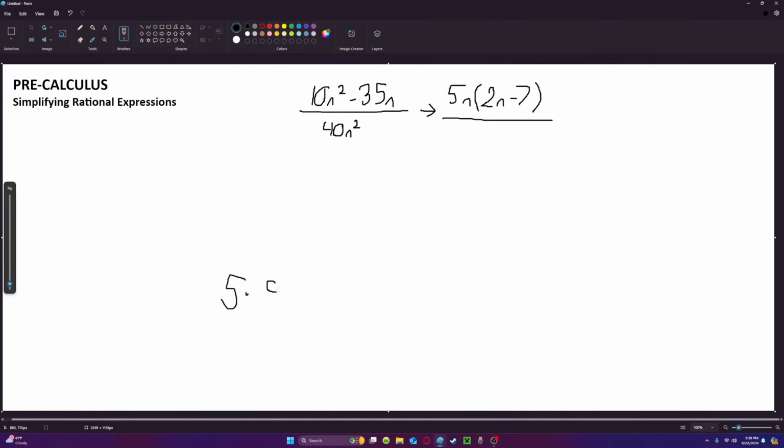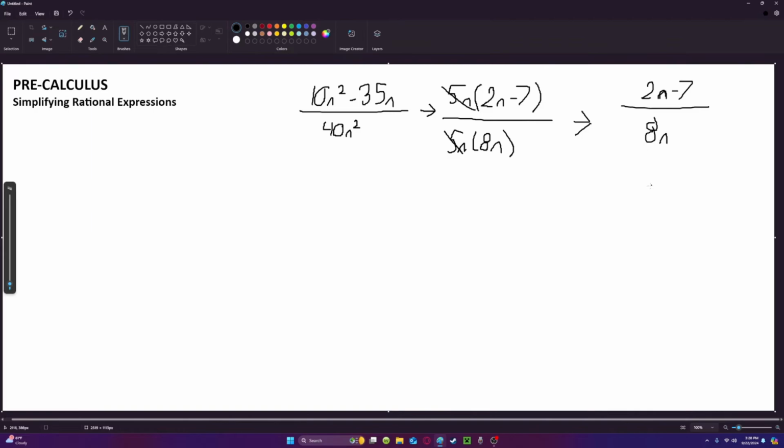Yes, we can, because 5 times 8 is equal to 40. So we could do 5n times 8n. Then these 5n's cross out, leaving us with an answer of 2n minus 7 over 8n.